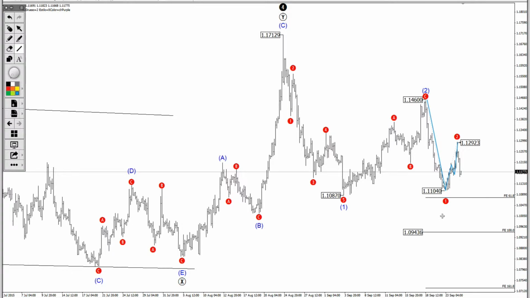And I have labeled on the chart the Fibonacci expansion levels, and the 100% level is at 109.436 approximately. So that should be our next target. There is a minor target at 110.87, which is the Minuet Wave 1 low.